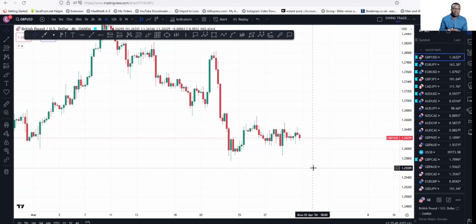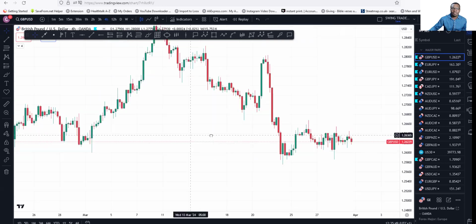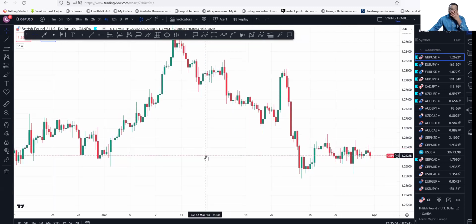So if you can see my chart now, I am on GBPUSD as we normally do. I know many of you are scalpers, many of you are intraday traders, many of you are swing traders that watch my video content. But what I'm trying to share with you here is what I know will benefit everyone.